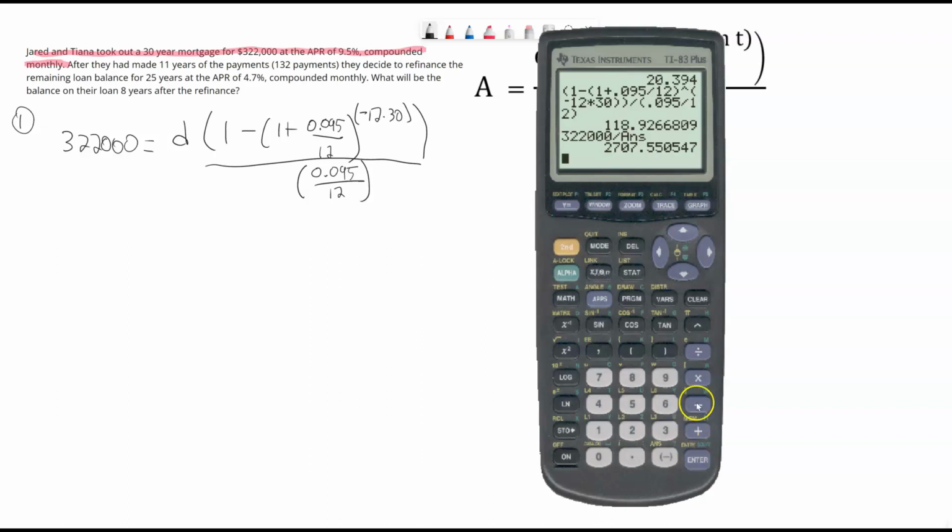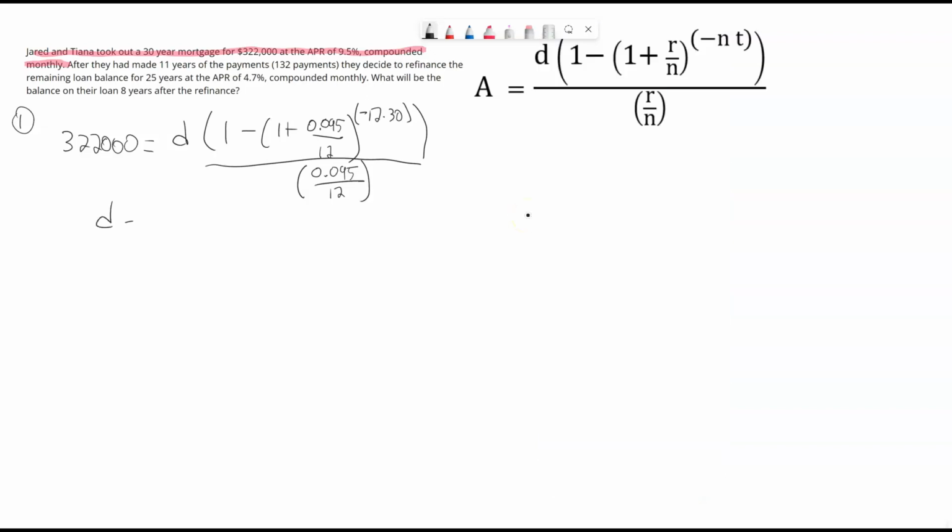Here we go. Monthly payment. That is a big monthly payment. But 9.5% is a really high interest rate. So 2707.55. D equals 2707.55. All right, this is our monthly payment. Ouch. But that's okay. That's just what it is. And that still fits into this first category. So this is information from the first category.